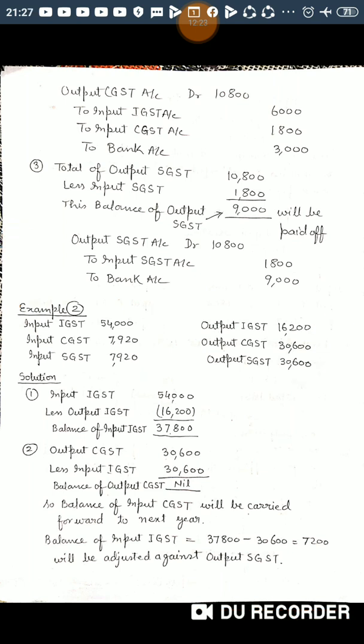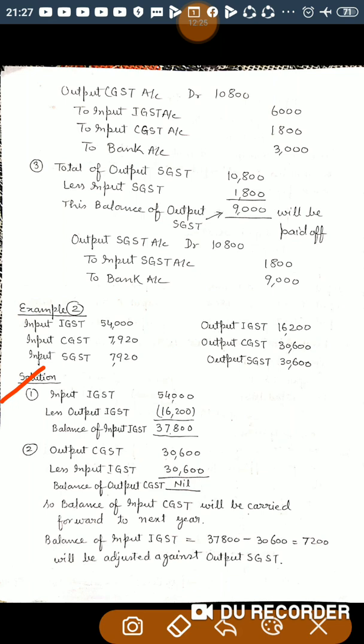So I have shown the working. First of all, input IGST will be written off against output IGST. 54,000 input is given. We will deduct the output; the availability of output IGST is 16,200. So we will deduct from it, and we still have a balance of input IGST of 37,800.